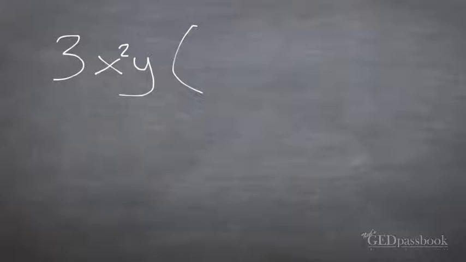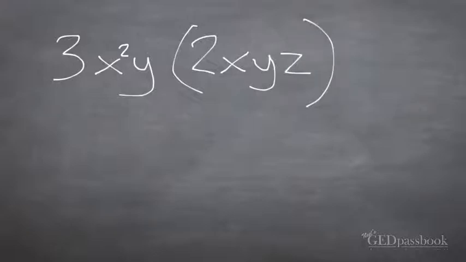So now comes this one right here. Another example. What if we had 3x squared y times 2xyz?